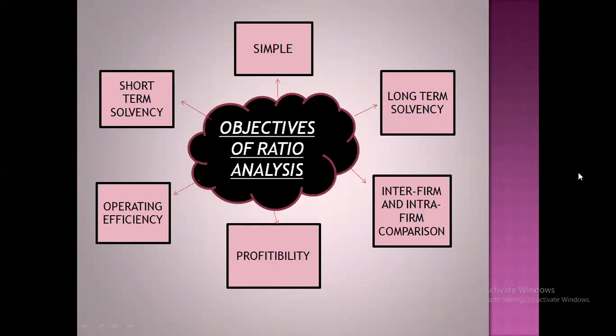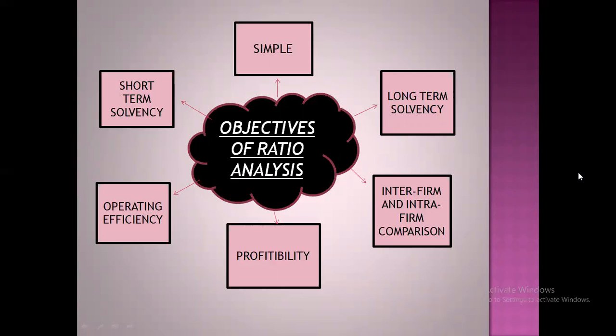Objectives of ratio analysis are divided in 6 parts. Number 1, simple. That means accounting information we can get in a very simple form. Next is short-term solvency. It determines the short-term solvency, meaning the ability of the enterprise to meet its short-term financial obligations.